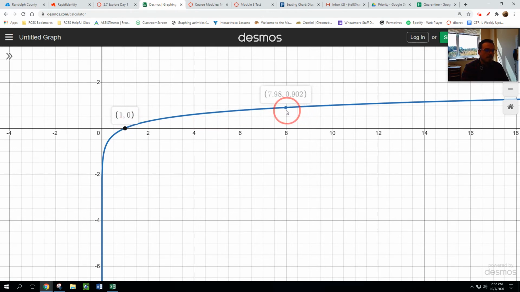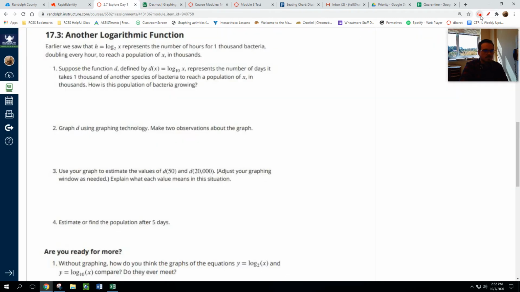But again, what do x and y represent? So if I was to take this point, 0.31, if I'm going to take this function and think about it as it relates to this problem, x, right, is in thousands.